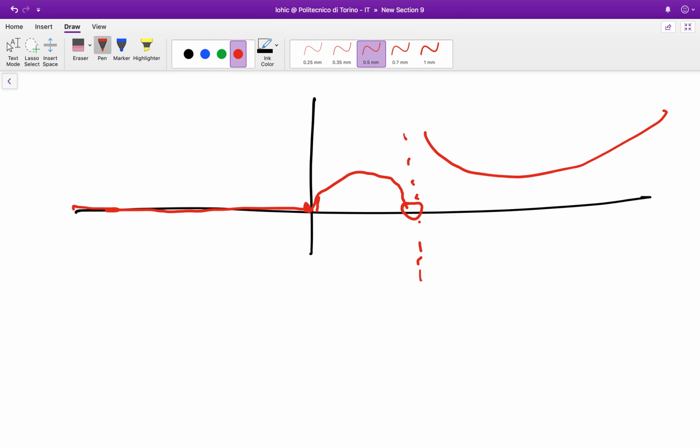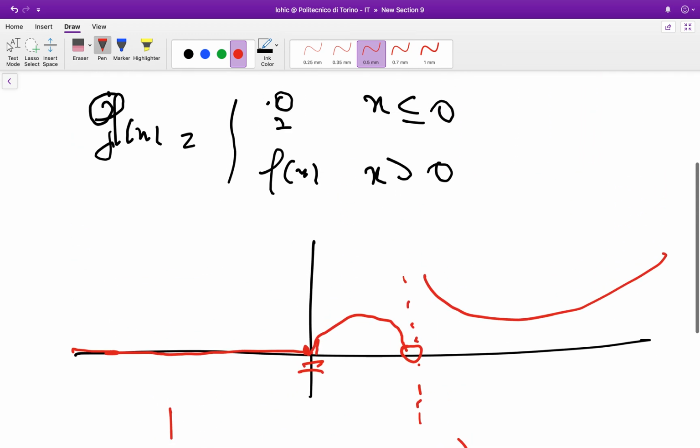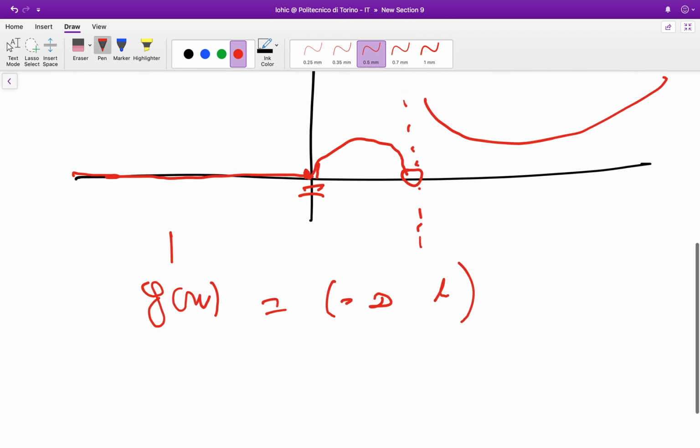You see that? At 0 there is no more problem. So yes, it is possible to find a continued prolongation of this function in the interval minus infinity to 1.